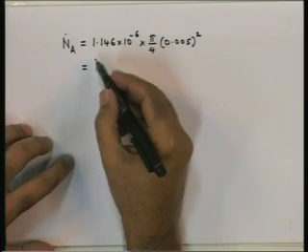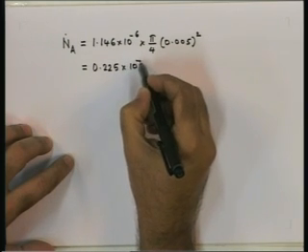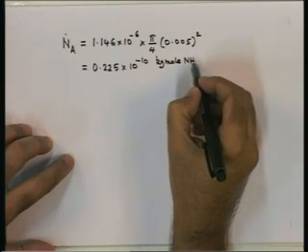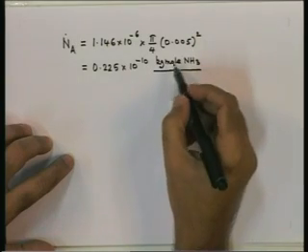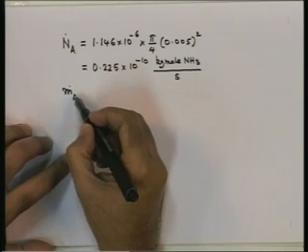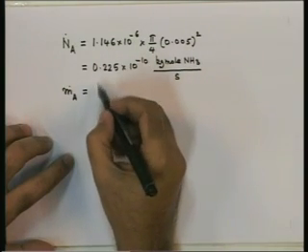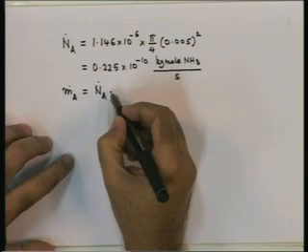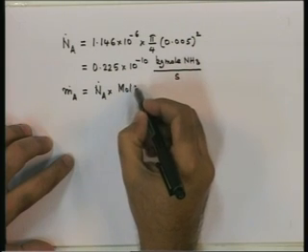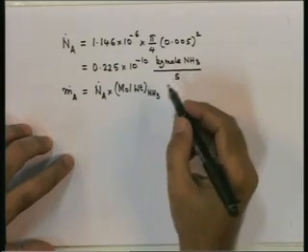This turns out to be 0.225 into 10 raised to minus 10 kilogram mole of NH3 ammonia per second, and the mass flow rate of ammonia will be the molar flow rate multiplied by the molecular weight of ammonia, which is 17.